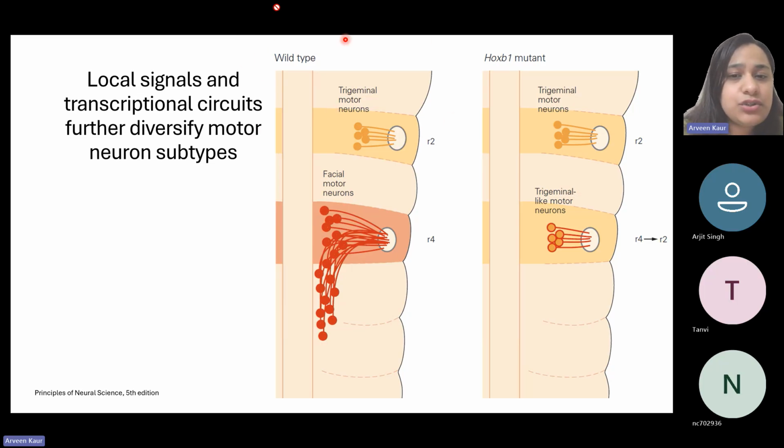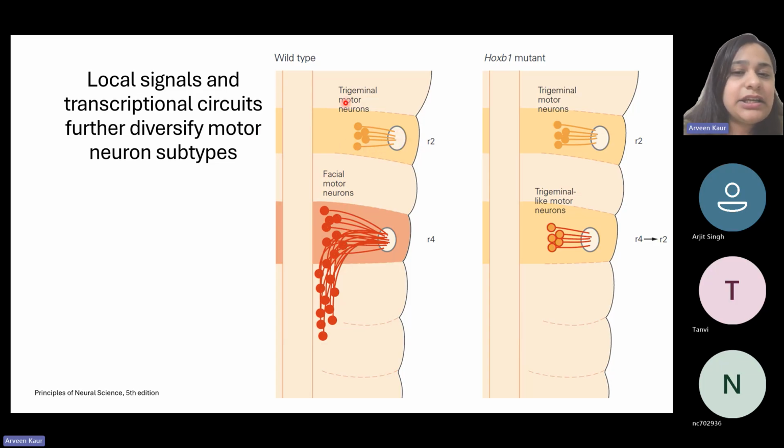What we see is that R2 is one region that is anterior to the R4 region. This R2 region has a group of neurons with axons coming out from an area in the R2 region.